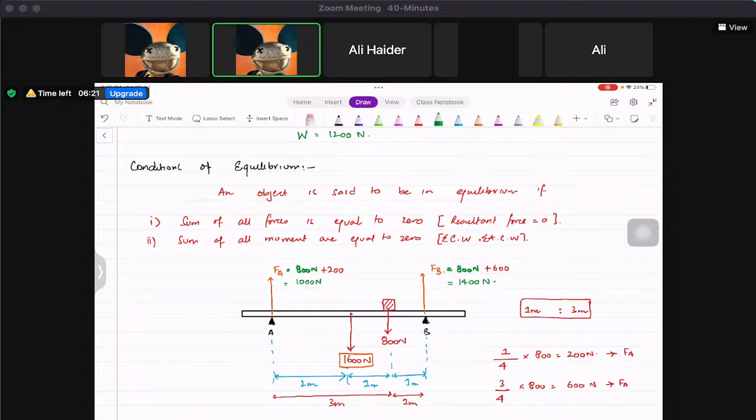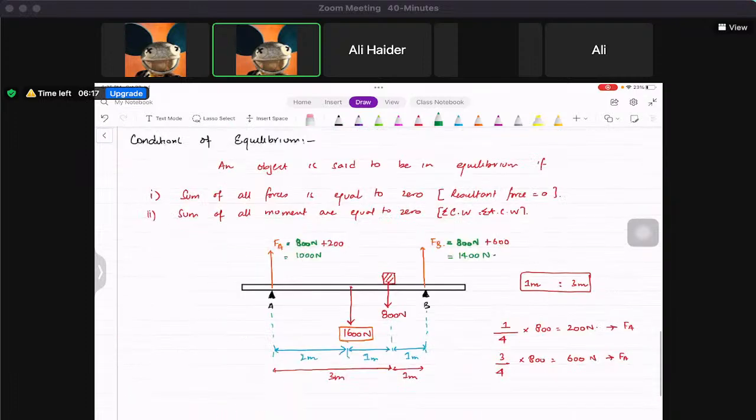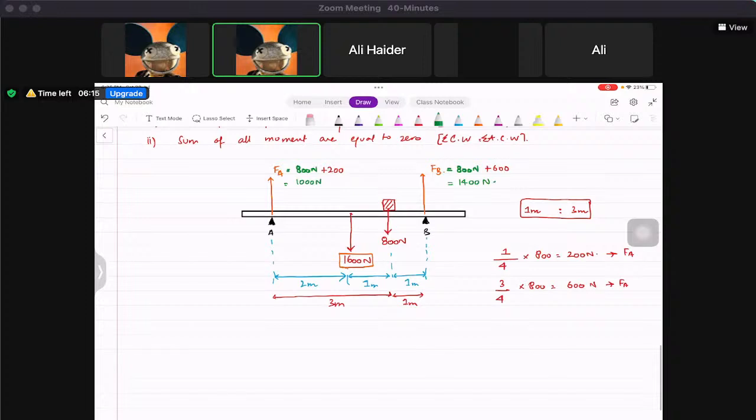All right, now considering this, you should remember that there's something called center of gravity.